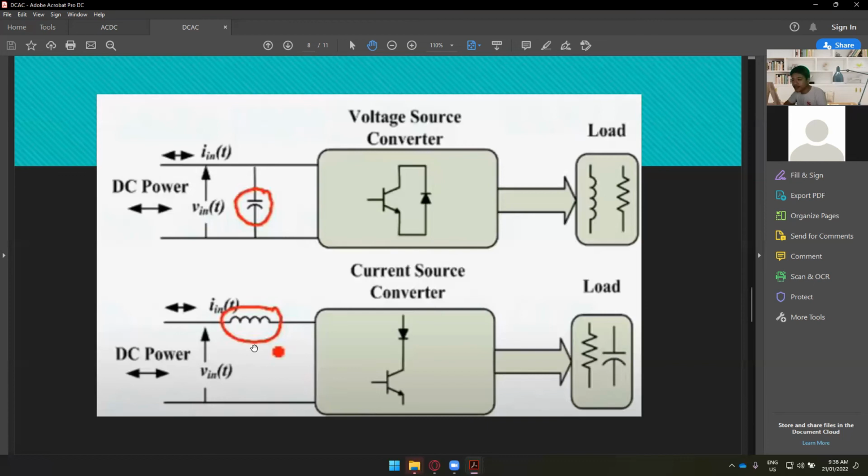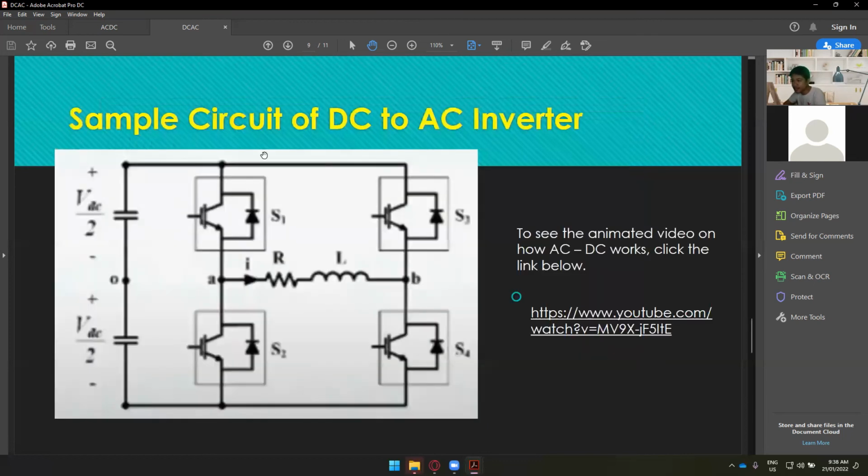Here's another sample circuit of a DC to AC inverter. We have four silicon diodes, the RL couple, and the inputs.